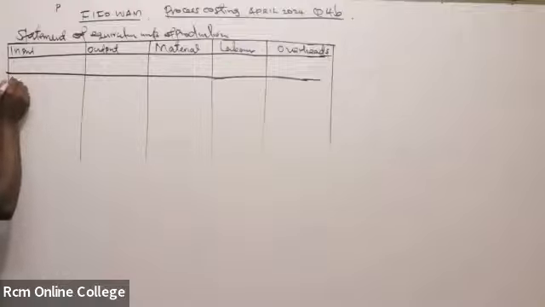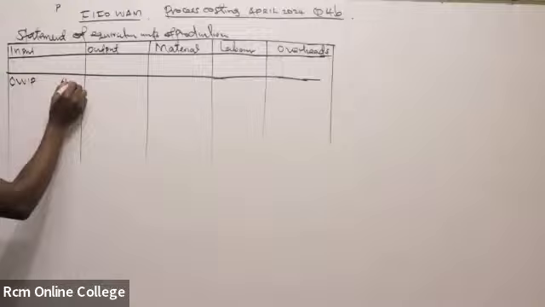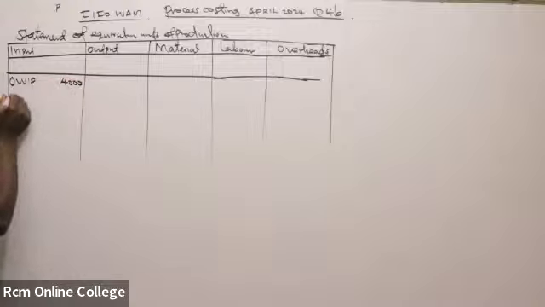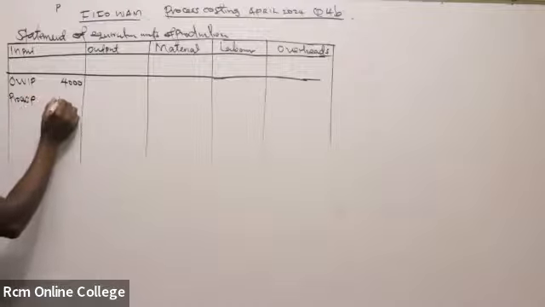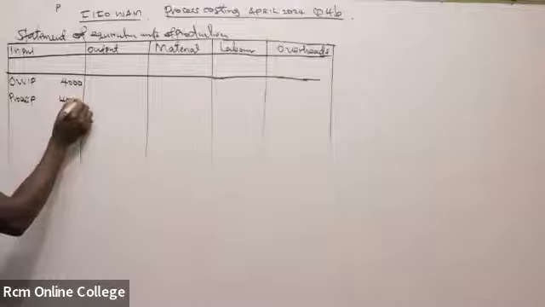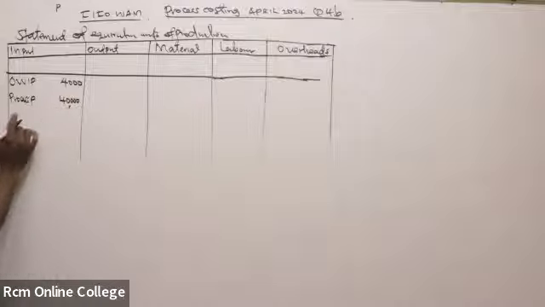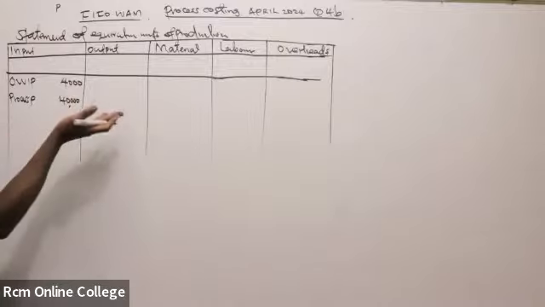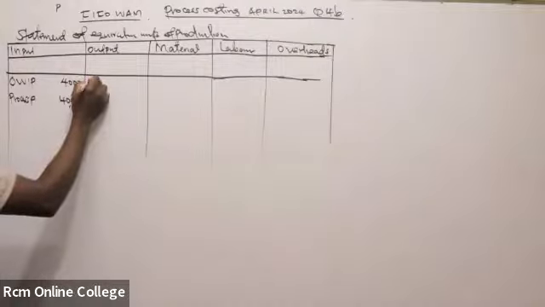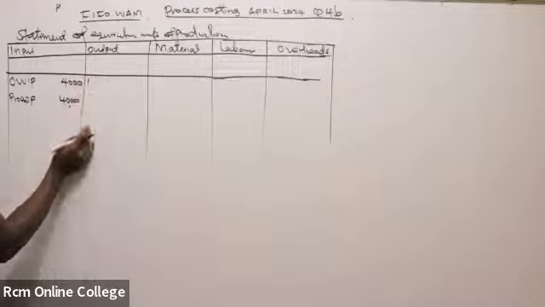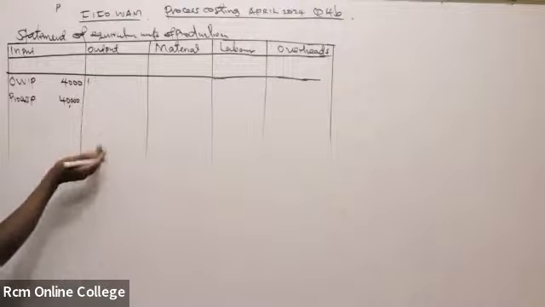We start with opening work in progress of 4,000 units. Then we bring in what came from process P of 40,000. Then we talk about what else we have on the other side, starting with normal.